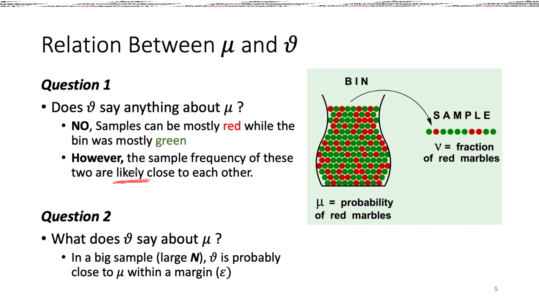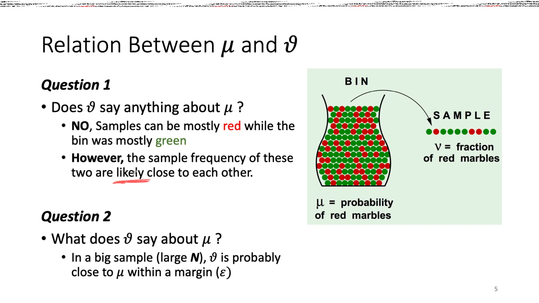You see that if you carry on sampling from the bin 10 times, 100 times, or if you make the samples large enough with a number n, probably the value of nu becomes closer and closer to mu within a margin, we call it epsilon, right?